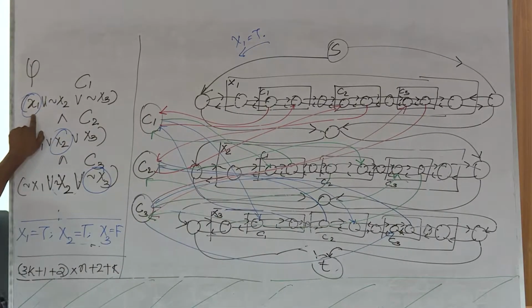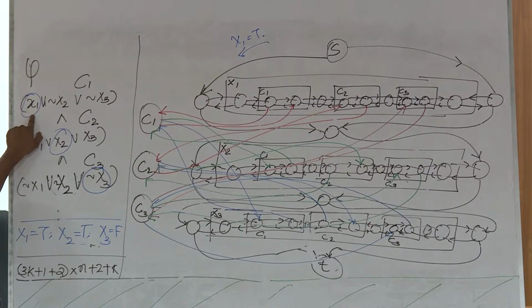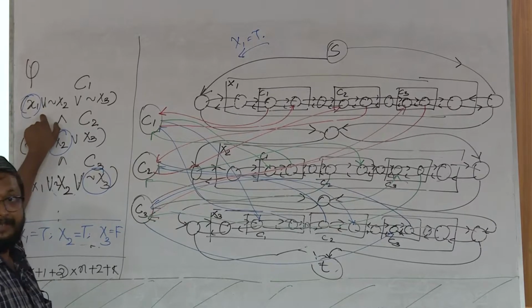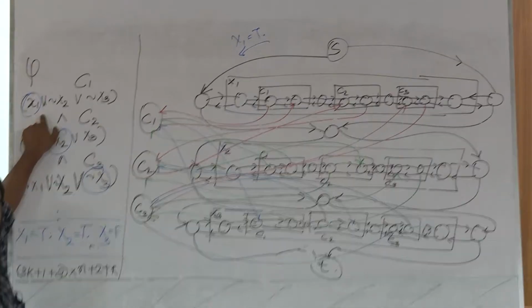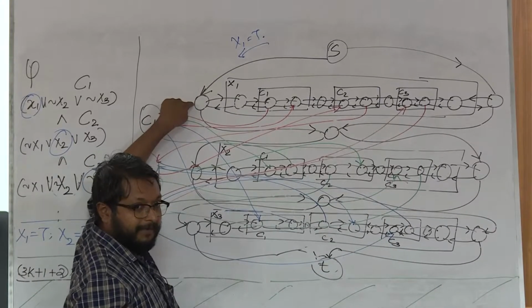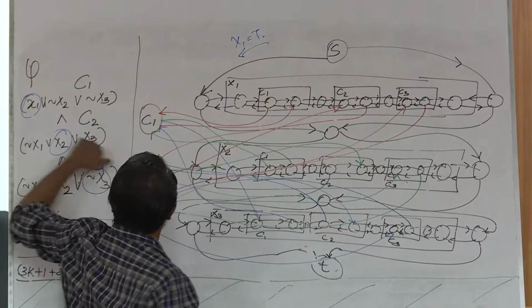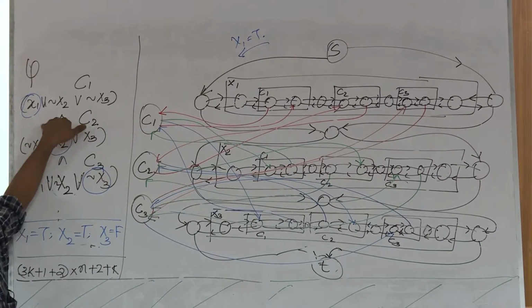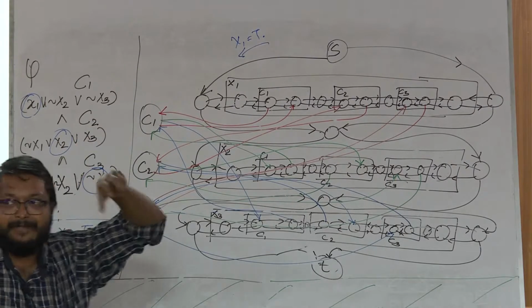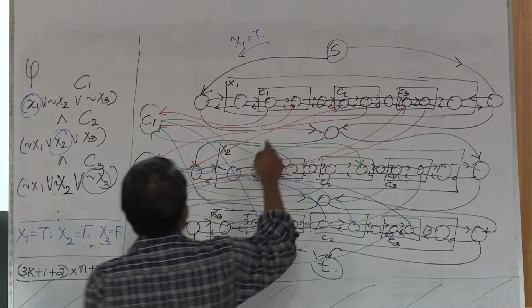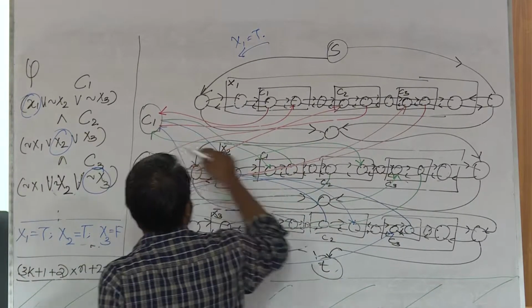Yes, x1 is marked in C1. So, what should I do? This x1 is supposed to cover this clause, right? I have taken the x1 equal to true path, and this x1 equal to true is supposed to make this clause true. So, I will go from here, take this, cover this and come back here.